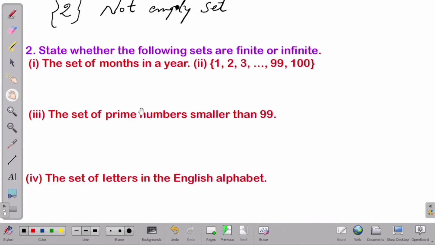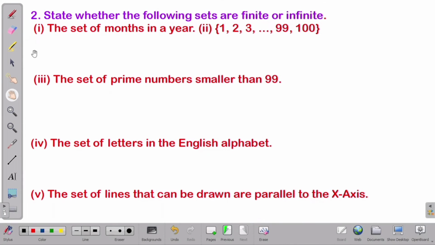Next, moving to the next bit. What is your next bit? State whether the following sets are finite or infinite. What is meant by finite? What is meant by infinite? Finite means there is a possible number of elements, so we can say the count of elements present in the set.